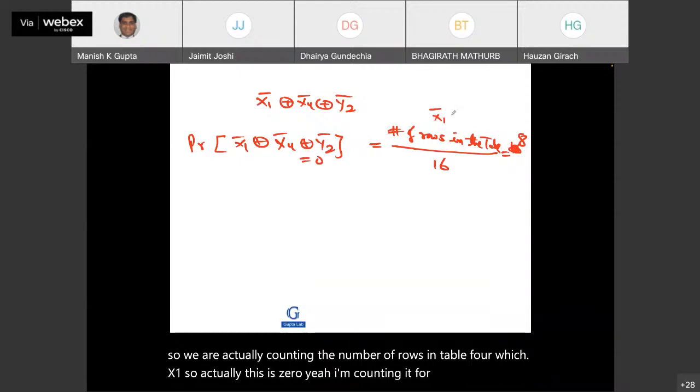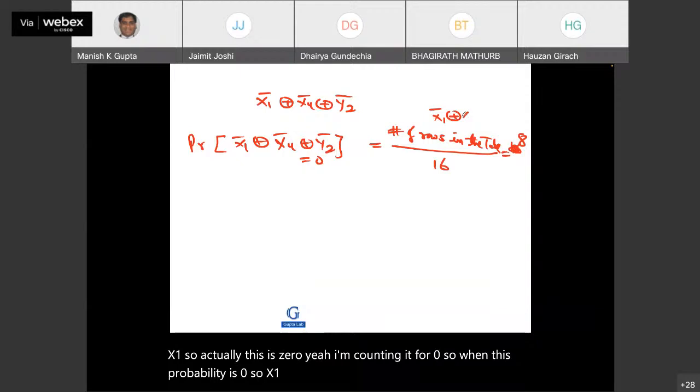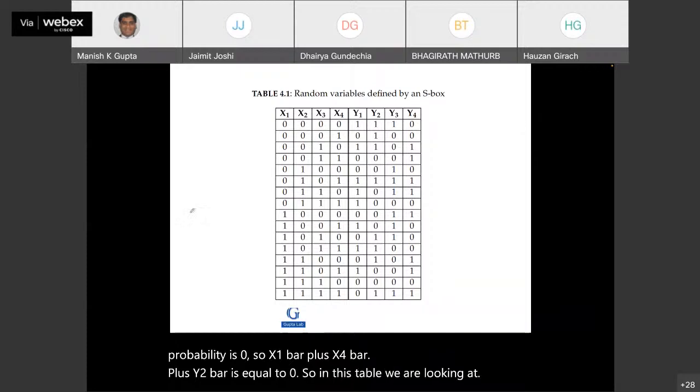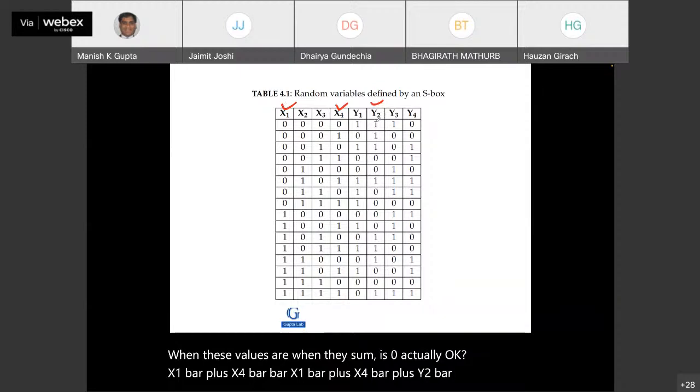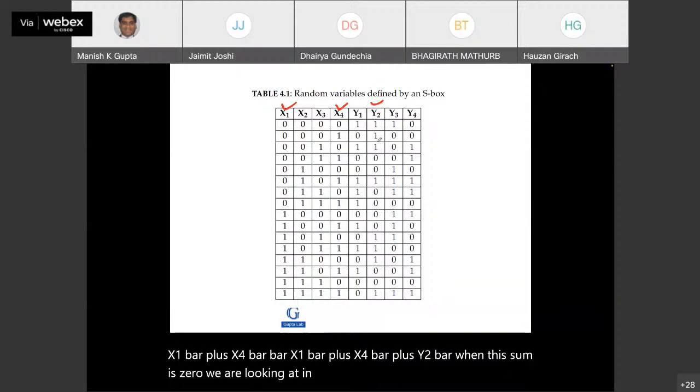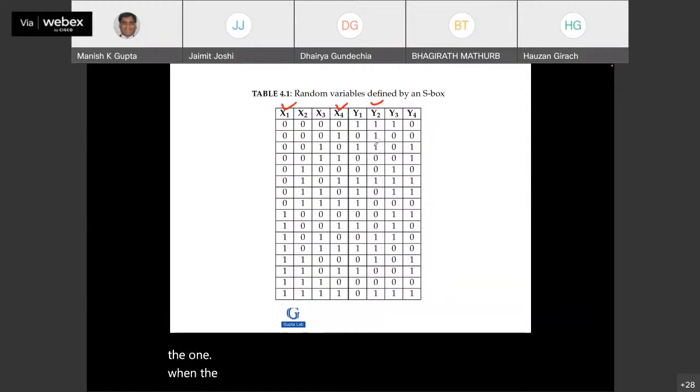So when x1 bar plus x4 bar plus y2 bar is equal to 0, we look in the table, for example this is one such row.